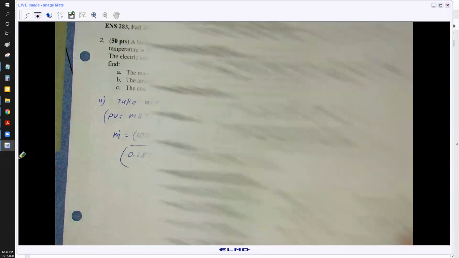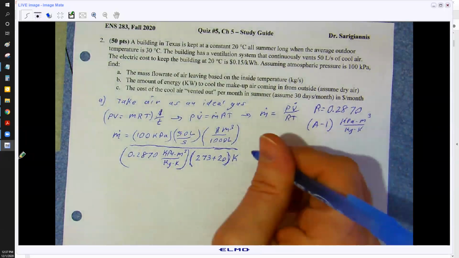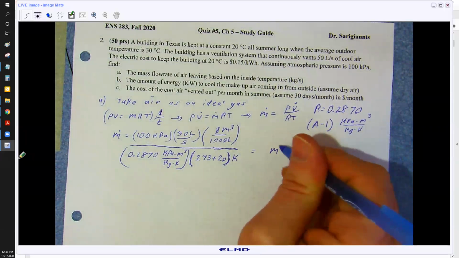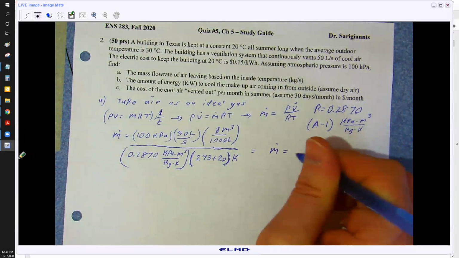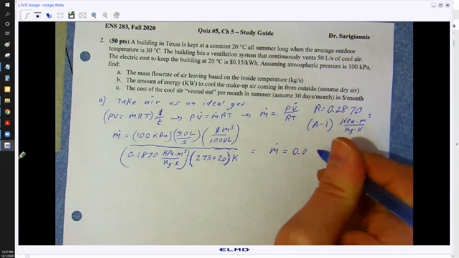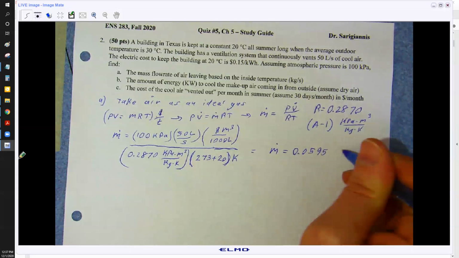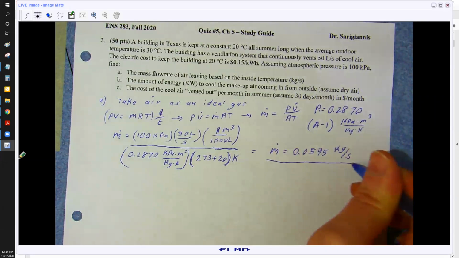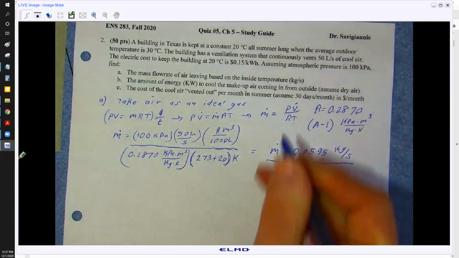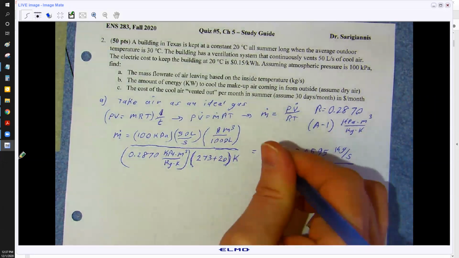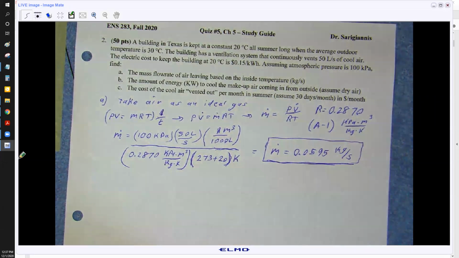So here you wind up with the mass flow rate equal to 0.0595 kilograms per second. That's part A.